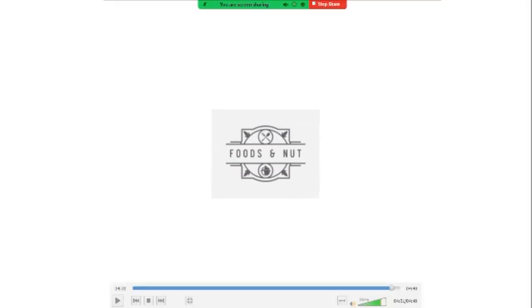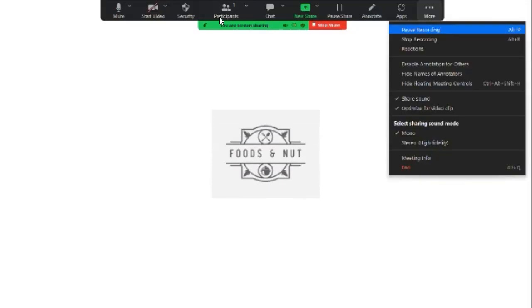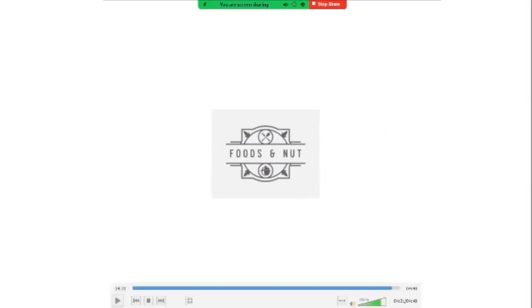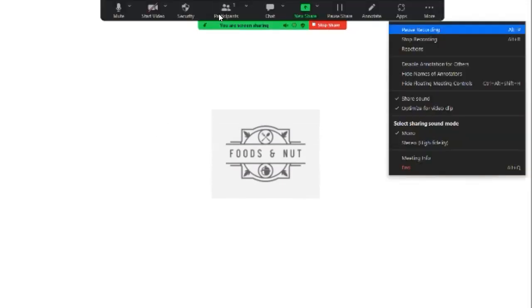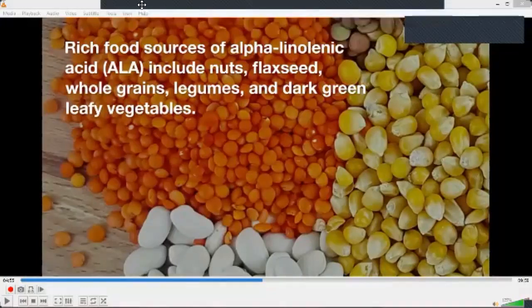It's very important. In our next class, our next topic is going to be structures of lipids. We're going to continue with the structure of lipids, and I'm going to hand over to someone else.